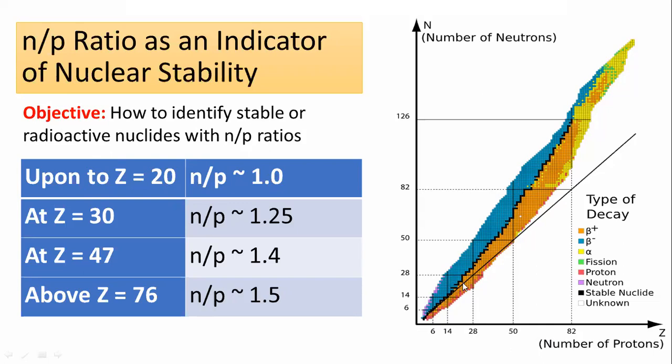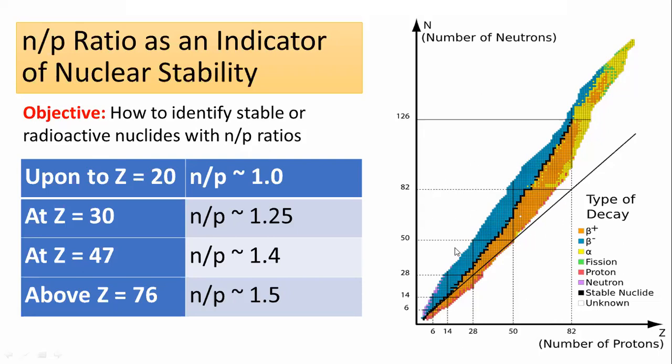When you move above this atomic number, what is happening? The number of neutrons is more than the number of protons. This is the established, fundamental, natural phenomenon: after atomic number 20, the number of neutrons is more than the number of protons.